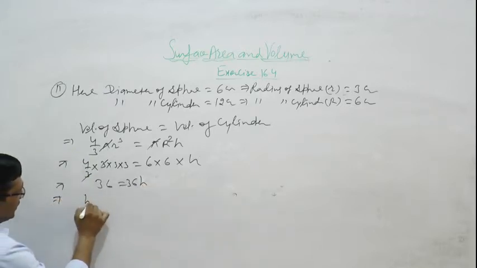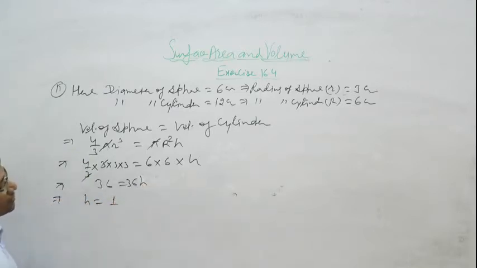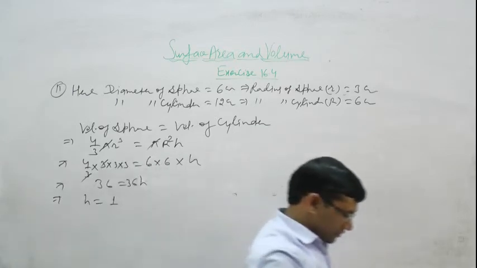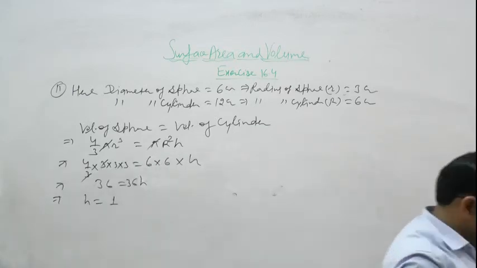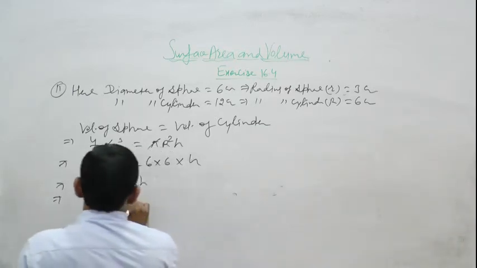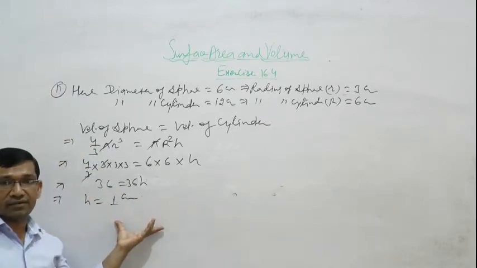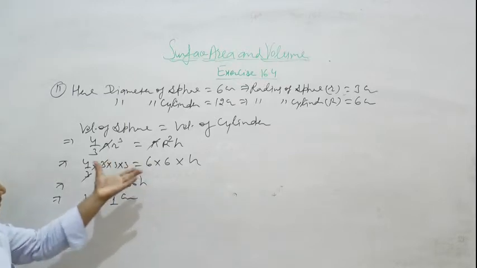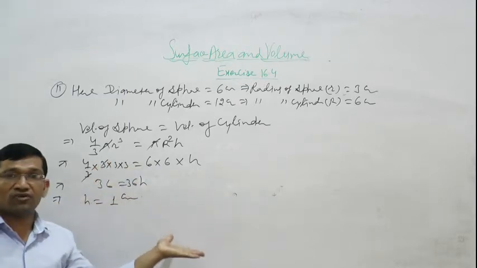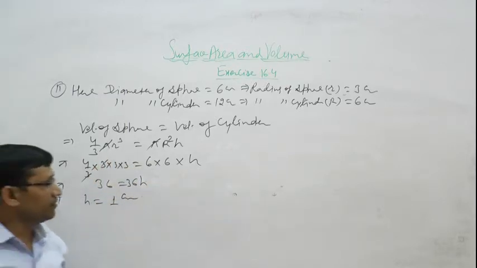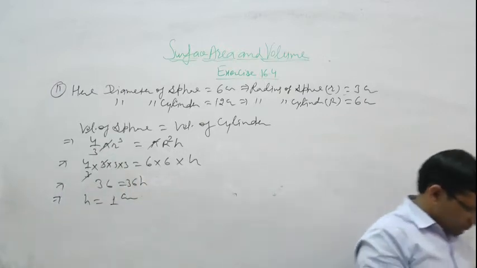There implies h is equal to 1 centimeter. So height of rise of water is 1 centimeter. So the water inside the cylindrical vessel will rise 1 centimeter. Clear?